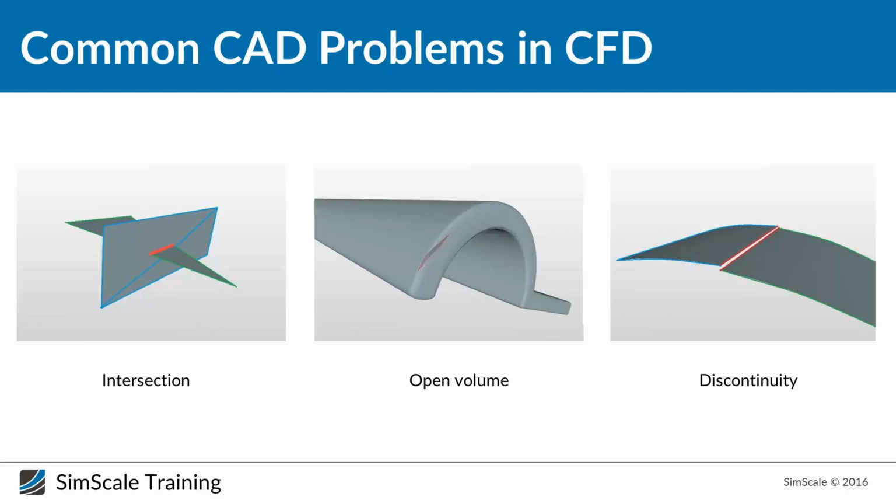Another really important problem that you can face, and this problem can really ruin everything, is the open volume, or a volume that is not watertight. If you take a close look at this geometry in the middle, you can see that at this point we have a cut in the geometry, and in reality this cut does not exist.